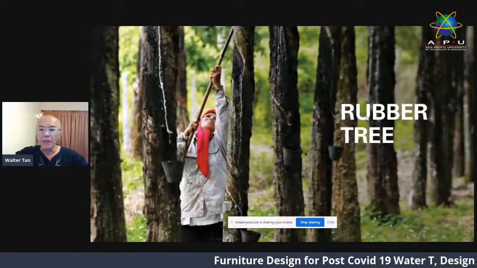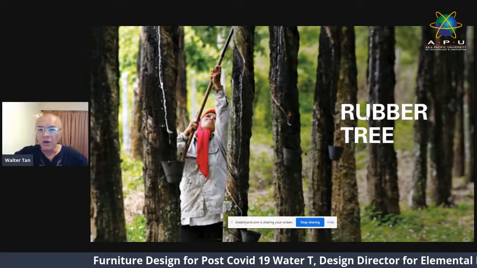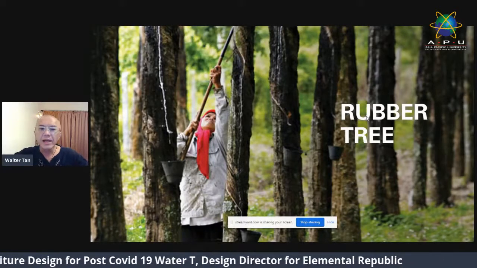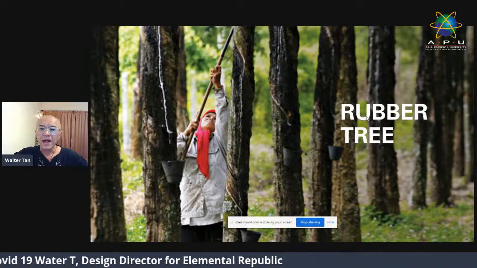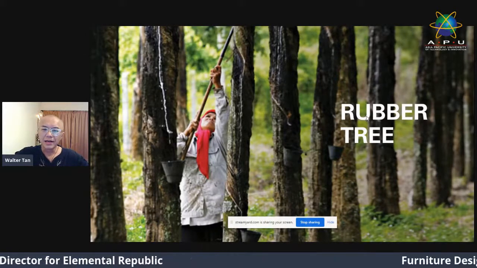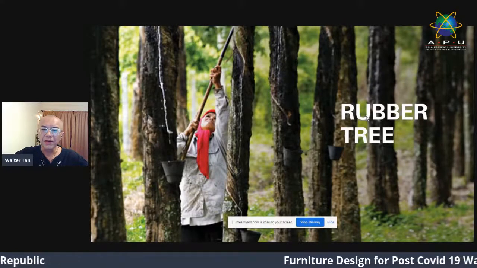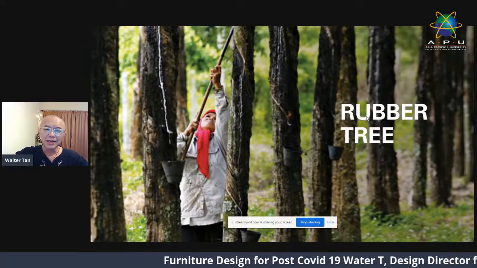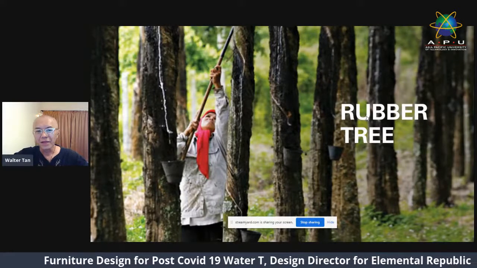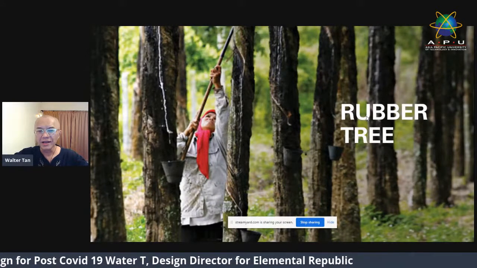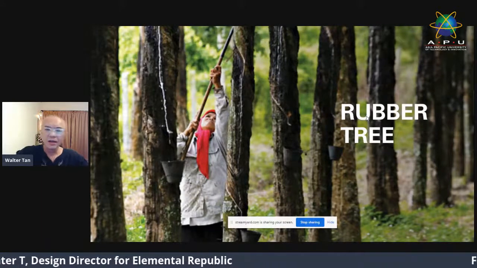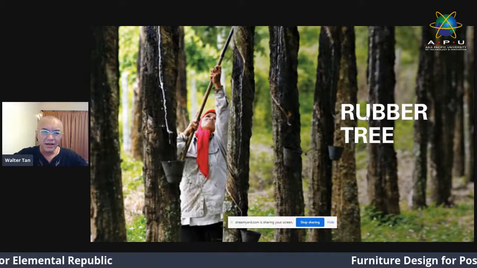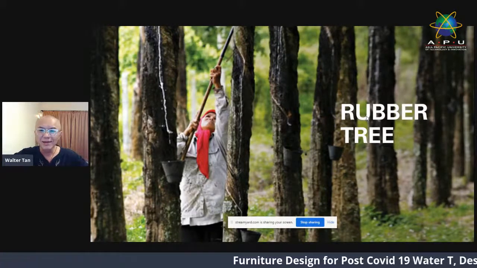And in Malaysia we have a lot of rubber trees. Last time when I was selling rubber wood material, there was one very funny customer from Turkey. He asked me a question: is this wood bound?